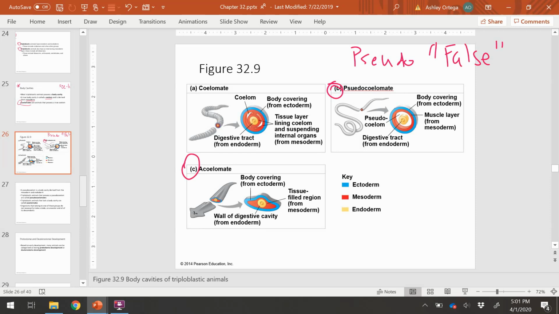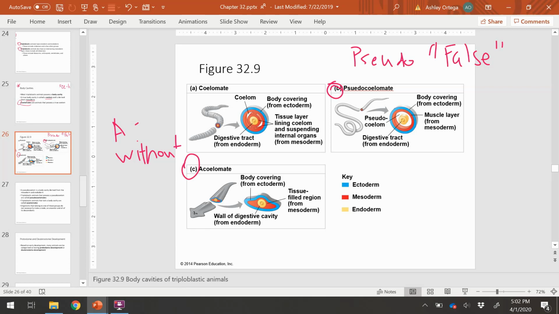Now, the last one here, acoelomate. You know the prefix, hopefully by now: a means without when it's in front of something. So this is without a coelom. There's no cavity here. An example is the lovely flatworm we'll see in the next chapter.